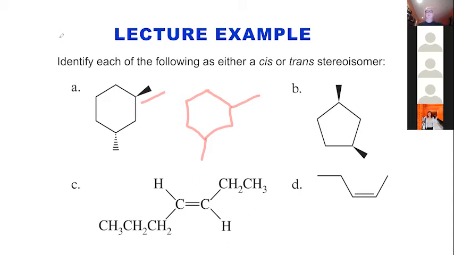So those are two methyl group substituents in cyclohexane. This substituent and this substituent, are they cis or trans? Trans. Those are trans, right? Because 1 is above the ring and 2 is below it.